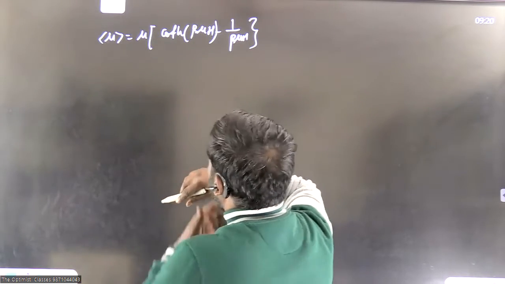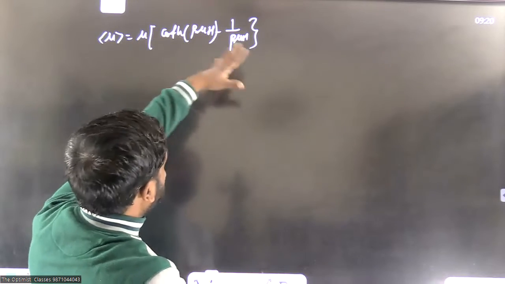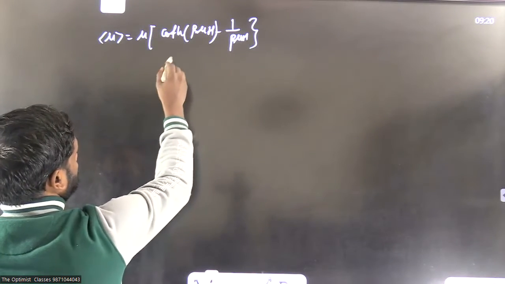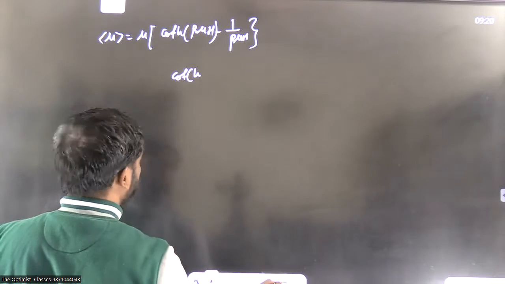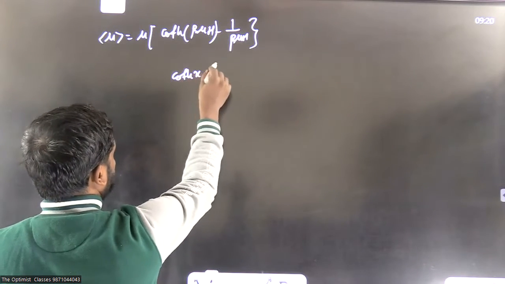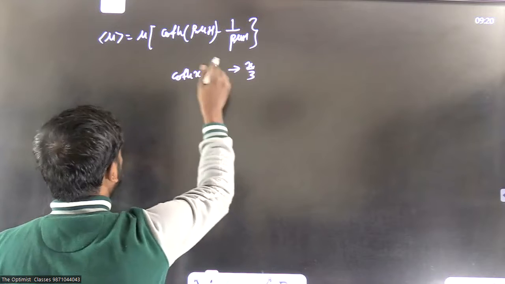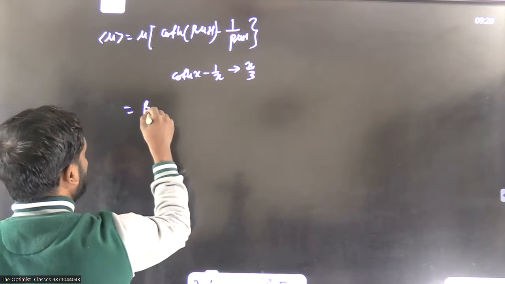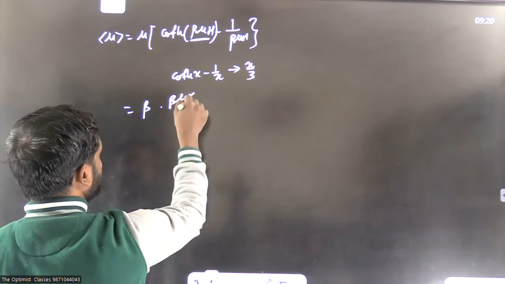If you do its Taylor expansion, this is of the form cot hyperbolic x minus 1 by x, and its first term is actually x by 3. So here x is beta mu h, giving beta mu h by 3.